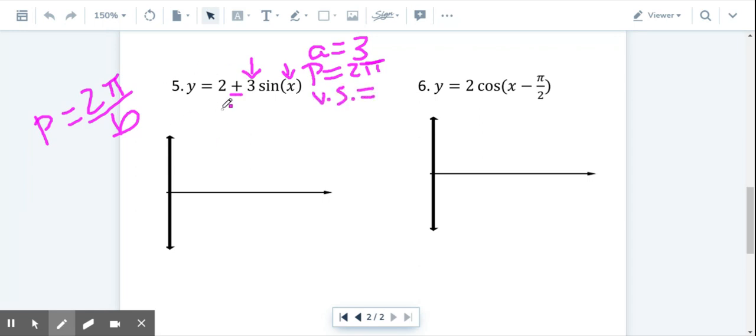So VS. And even though it looks like it says plus 3, 3 is the amplitude, and we're really adding on this 2 to this function. So this is a shift up 2. So don't get confused when it's in front. The number in front is the shift, not this number, because this number we know is used for amplitude.